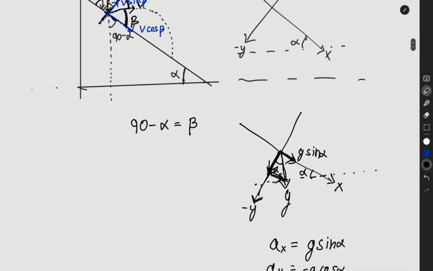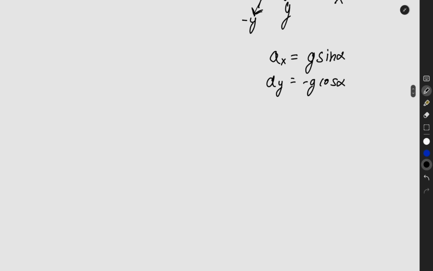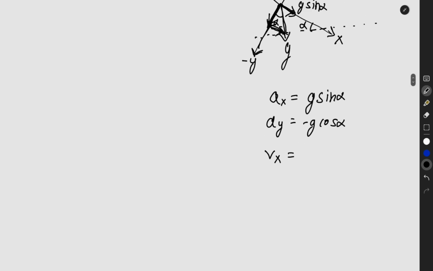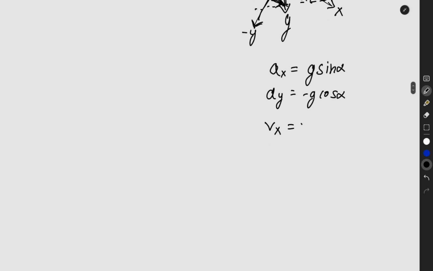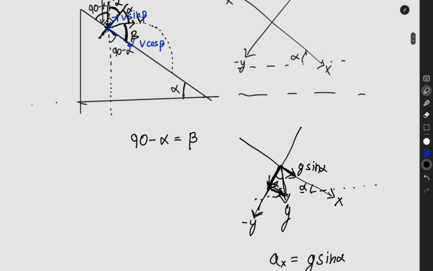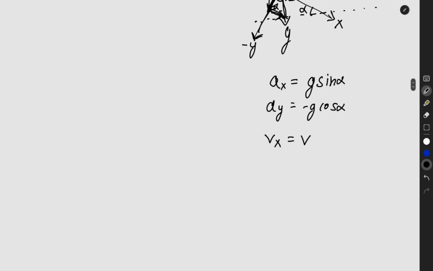Right? So let's write those things down. So vx is equal to v cos of beta, not alpha, cos of beta. And in the y direction, it is v sine of beta.